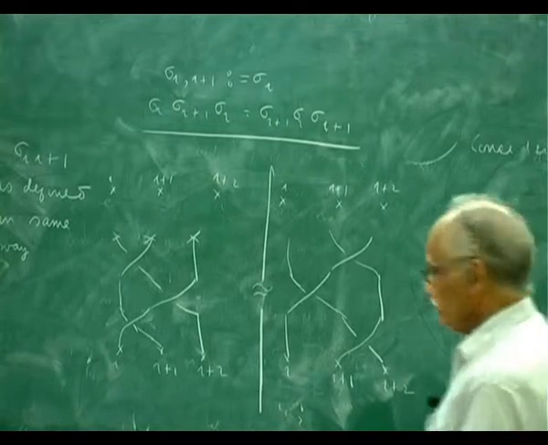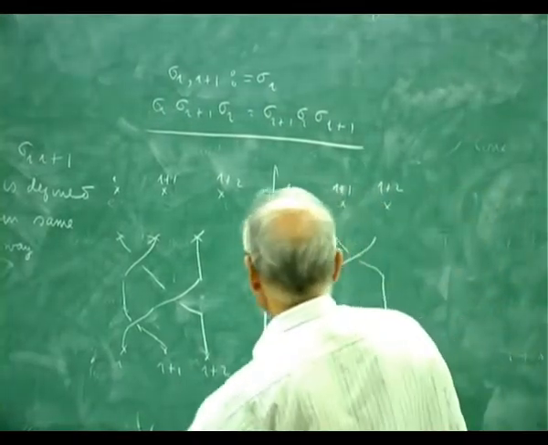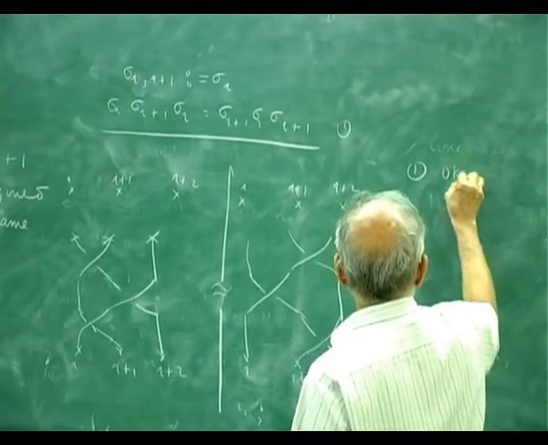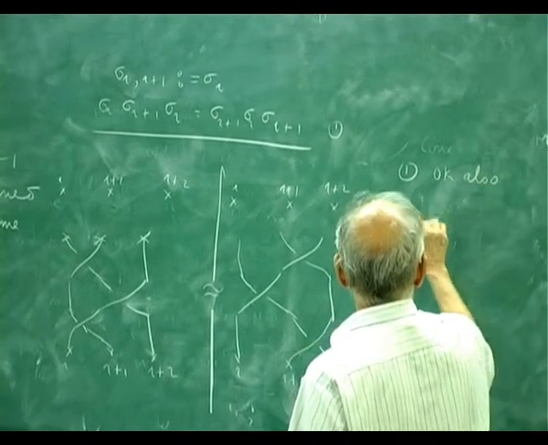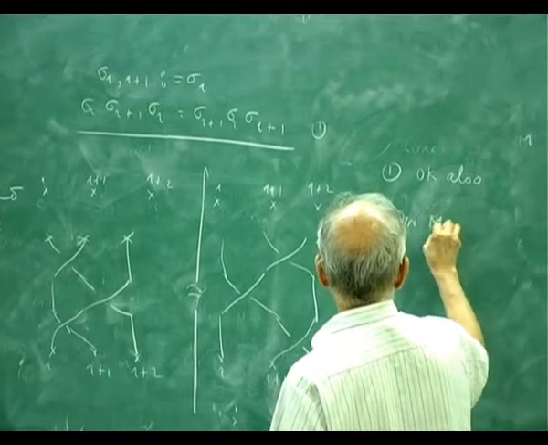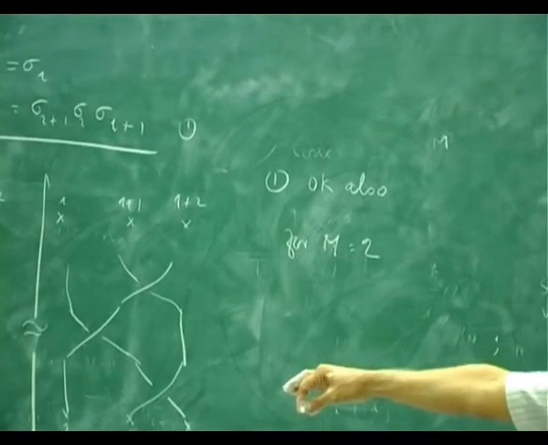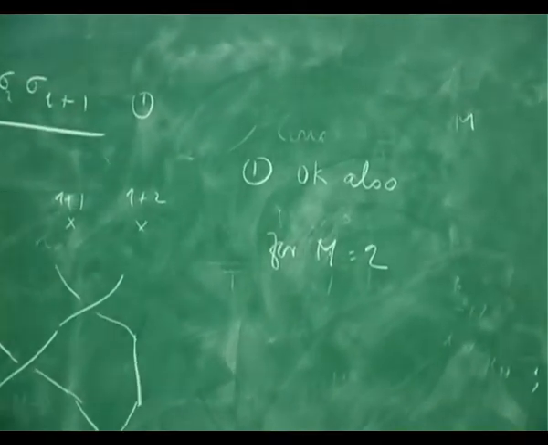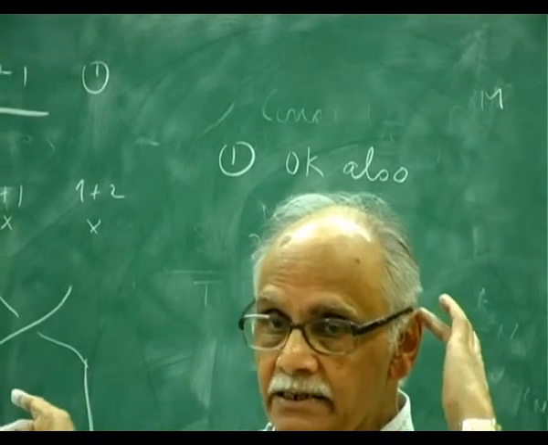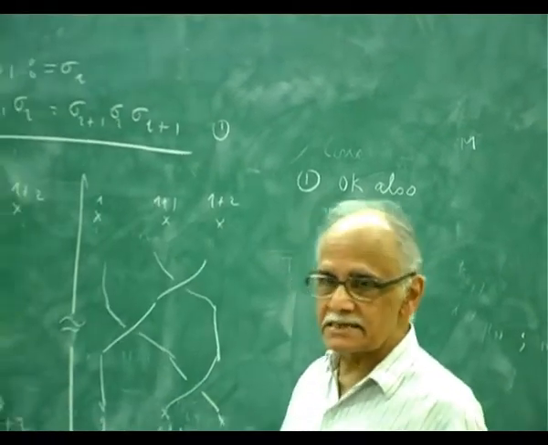Now one point to notice is this relation, also for m equal to 2. This calculation I did, this can be planes. So you notice immediately what I have got here: if I now join the upstairs with the downstairs, what will I get?